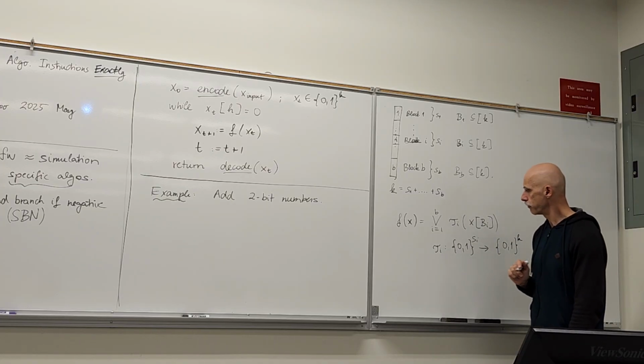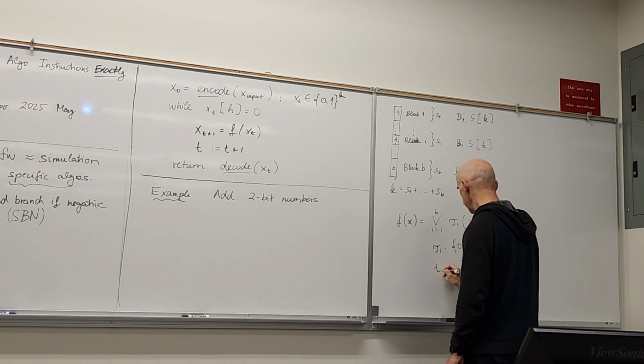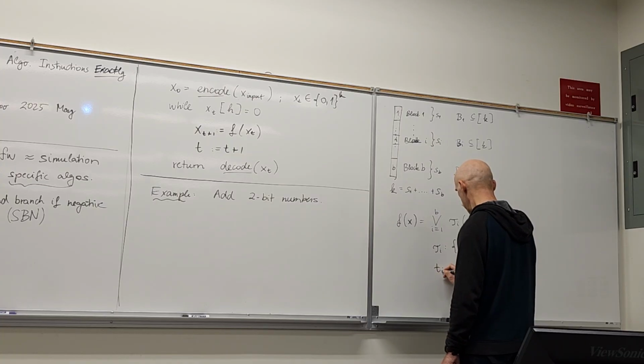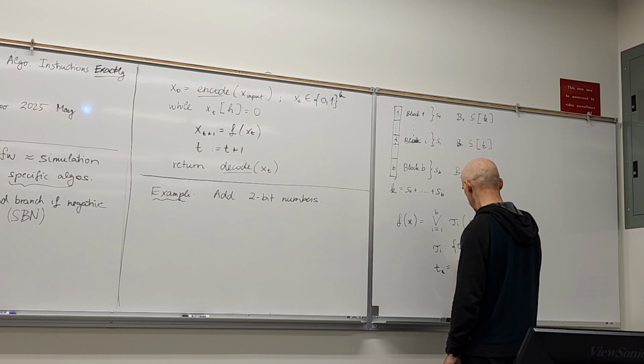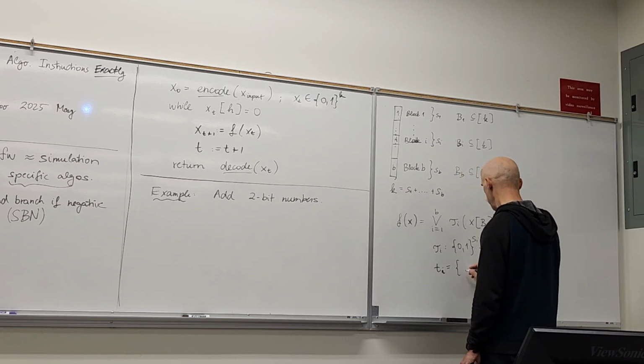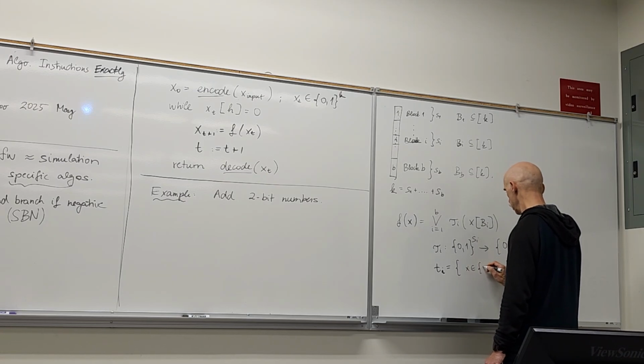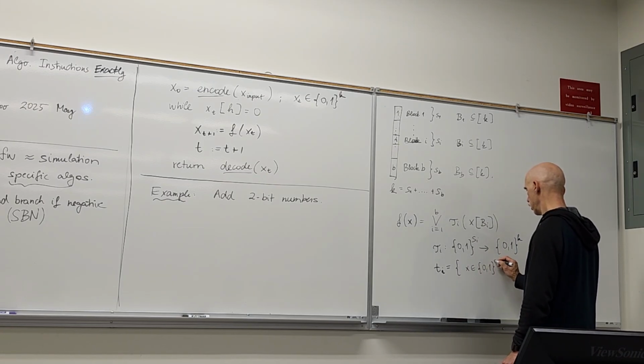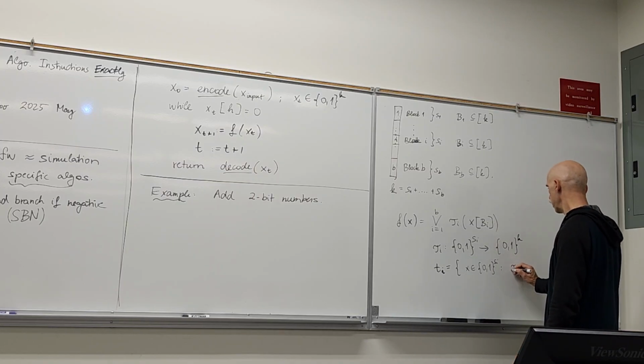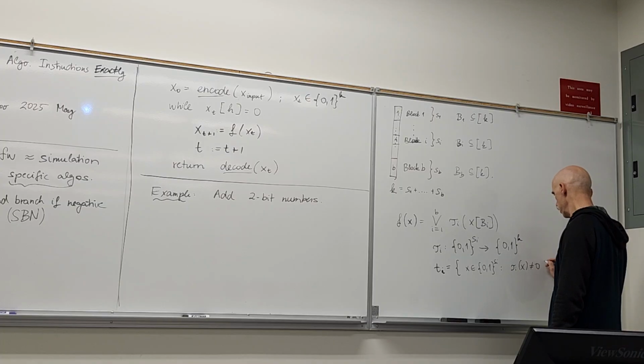T_i is going to be those vectors x in the S_i-bit strings for which tau_i(x) returns non-zero.